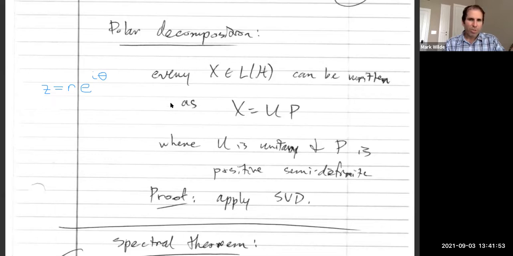So why this is actually a direct generalization of the polar form, right? A positive semi-definite operator, we said it has non-negative eigenvalues. So each of those eigenvalues you can think of as being like magnitudes on their own, right?